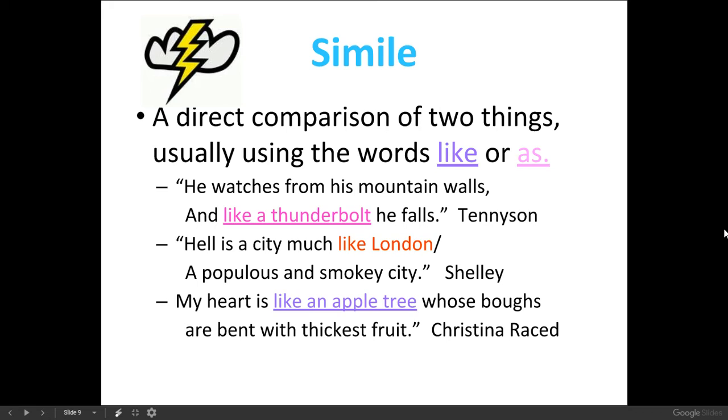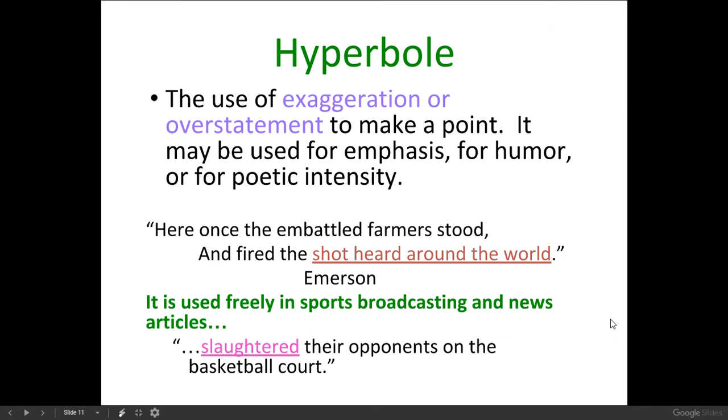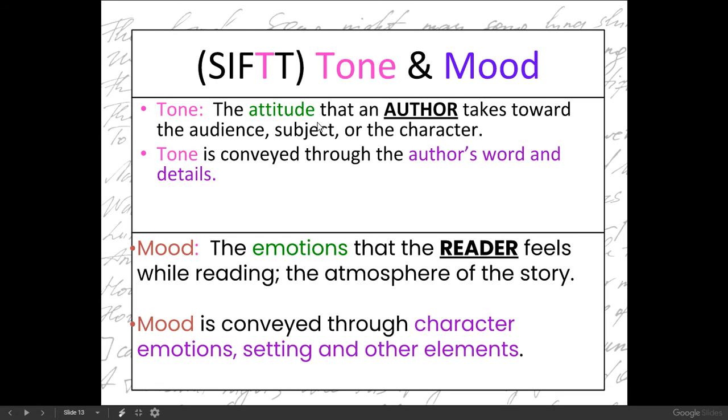You can take a moment to go through these different types of figurative language. We have already discussed these previously, so this would just be a review. If you need more help with similes, metaphors, please press pause to read through these. Hyperbole, personification.